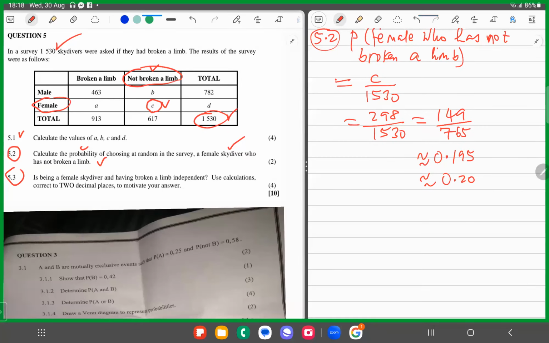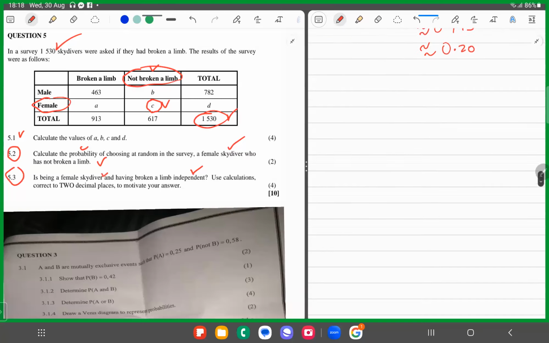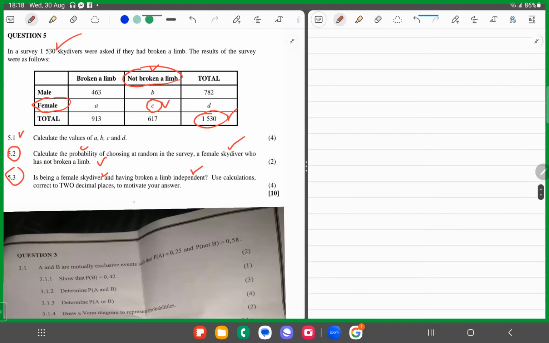Now in 5.3: is being a female skydiver having broken a limb independent? Use calculations corrected to decimal places to motivate your answer. All right, now we're going to look at two things here.